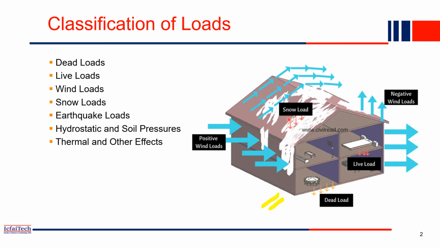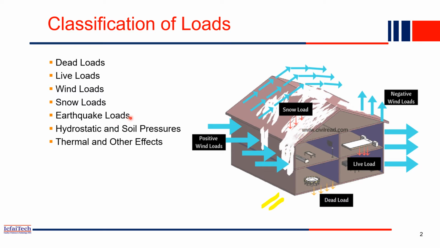That's why dead load is vertical. Similarly, live load is also mostly vertical. And wind load is horizontal, because wind is blowing in a horizontal direction. Next, snow load. Snow load is obviously also a vertical load, acting vertically.